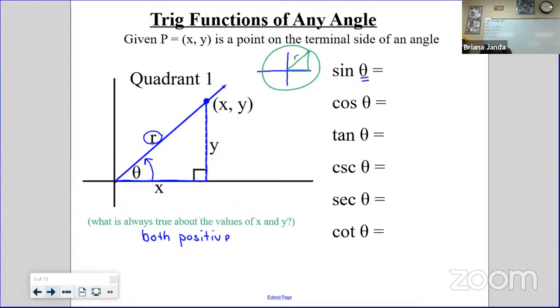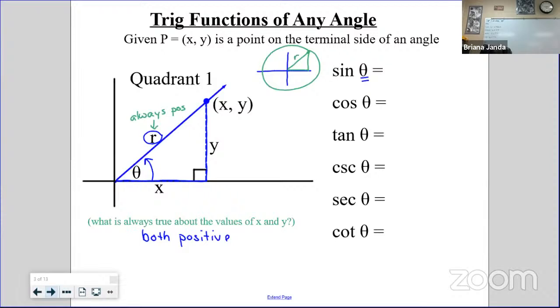Okay. A couple notes is that value is always positive. It doesn't matter, and we'll look at that here, but that is always a positive value. A radius is a length. So regardless of what x and y are, r will be positive.